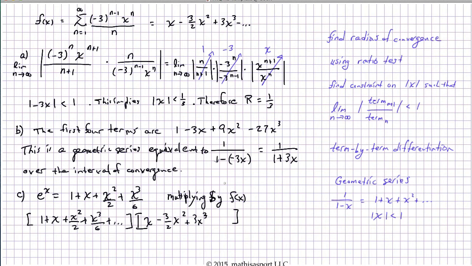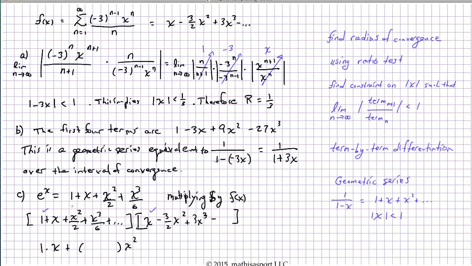And it goes on, but the reason that we can stop at the x cubed term here is simply that because we're only asked to find the product of terms up to the third degree in x, we can just write out, well, what's the lowest degree term? It's going to be the 1 times the x. And so that's just going to be 1x.